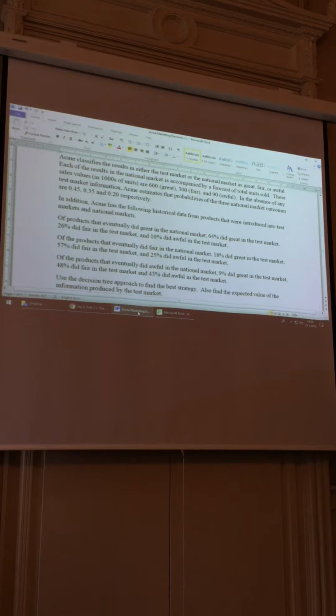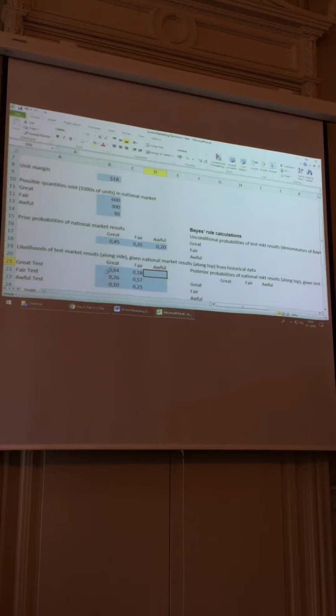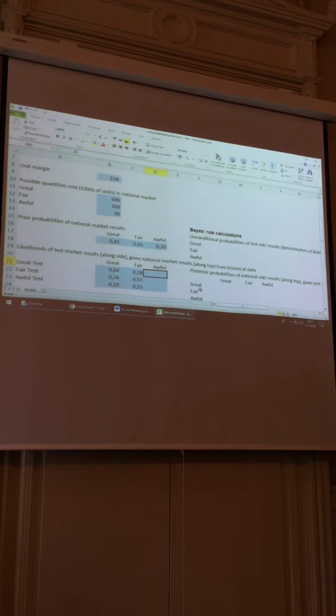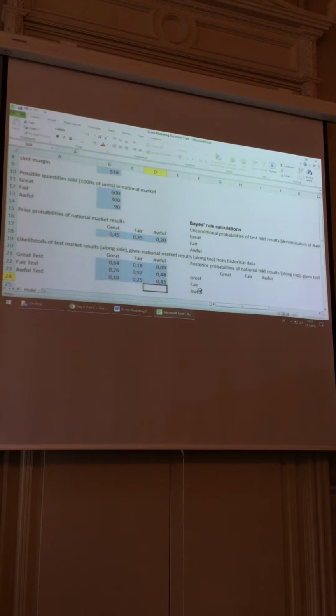Actually, we can't do 1 minus the sum, because actually these probabilities add down to 1, right? Because if you had a great product, you were either a great, fair, or awful test, right? So you can't add them across. But they're given right here in the text: 0.09, 0.48, and 0.43.